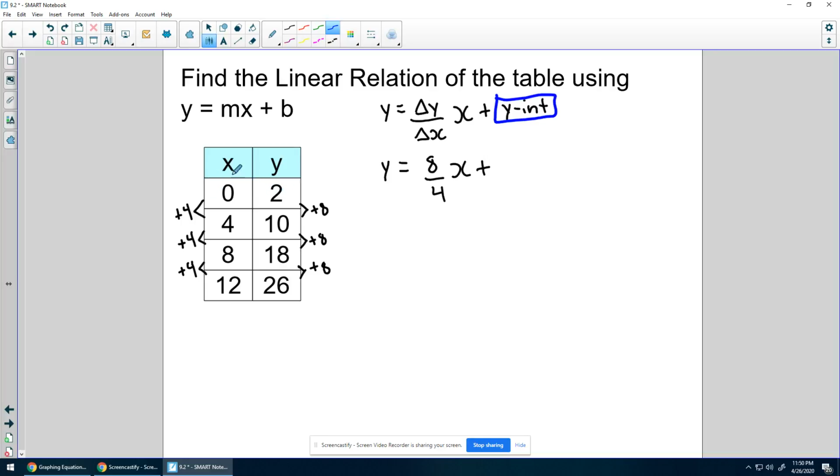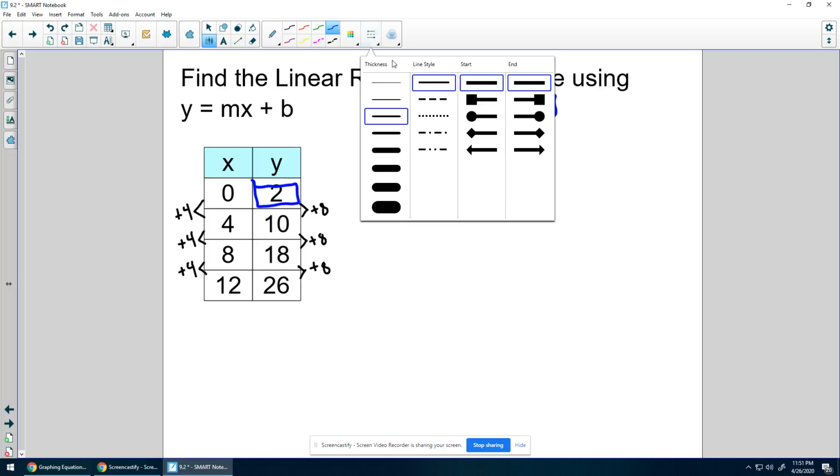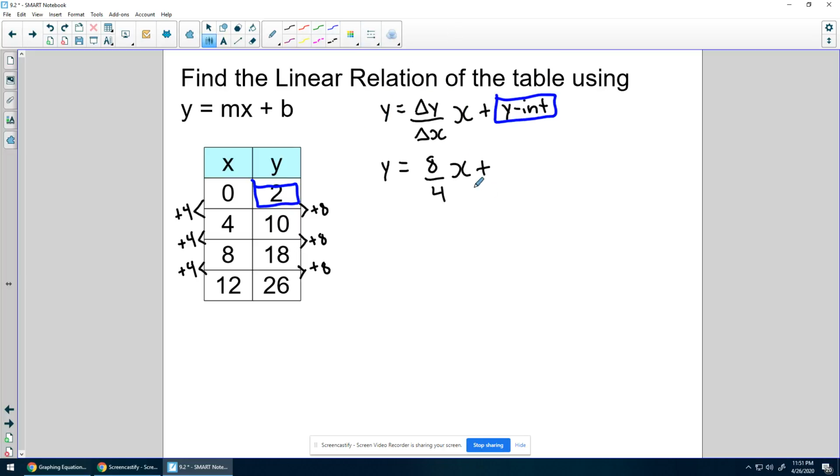Our y-intercept is when x is 0. What does that mean? So that's going to be plus 2. And now we can simplify this. So y, 8 divided by 4 is 2. x stays plus 2.